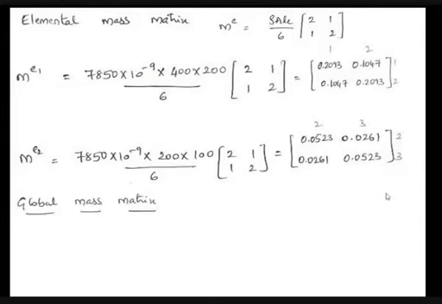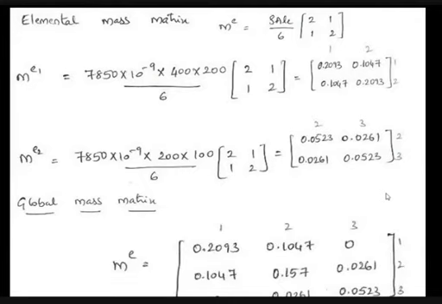To find out the global mass matrix, it will be a 3 cross 3 matrix with rows and columns 1, 2, 3. What is 1 cross 1? 1 cross 1 is 0.2093. 2 cross 1 is 0.1047. 3 cross 1 is 0. So 1 cross 2 is again 0.1047, then 0.